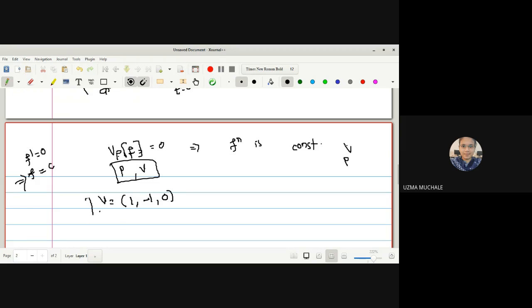Try to evaluate this and tell me the answer. What is V_p[f], the directional derivative of function f at point p in the direction of v, considering v equal to (1, -1, 0) and p as we wrote initially? Have you understood what you have to do?